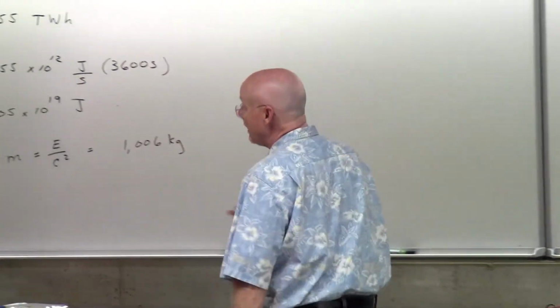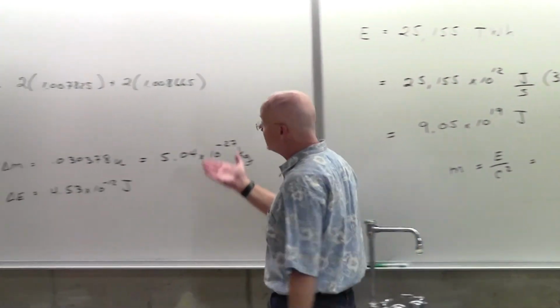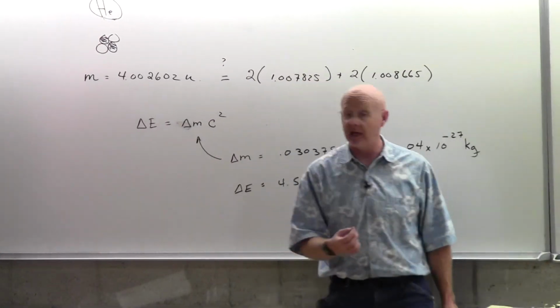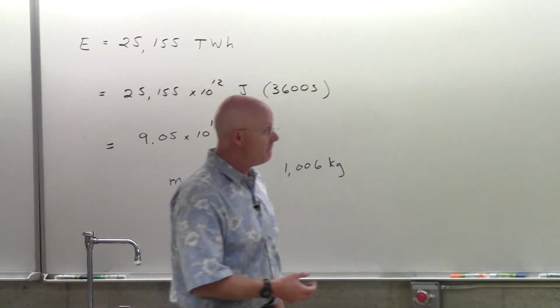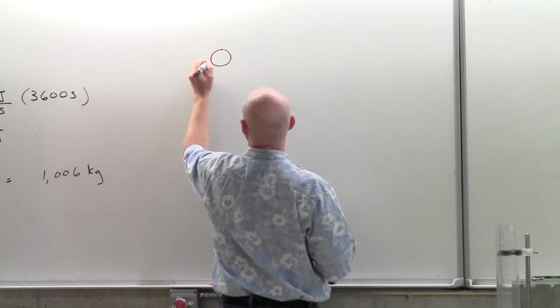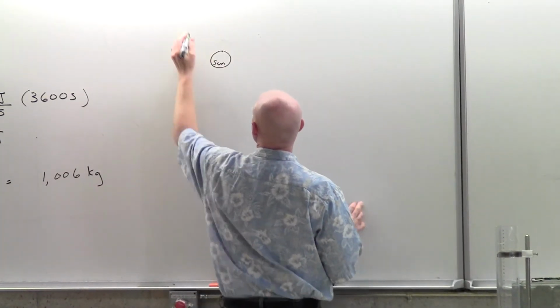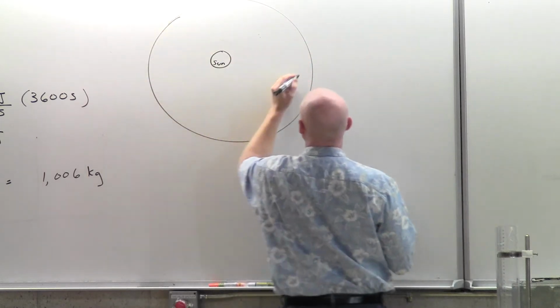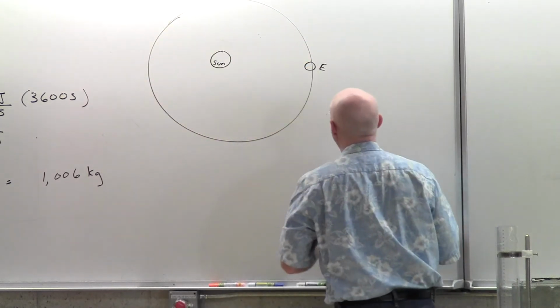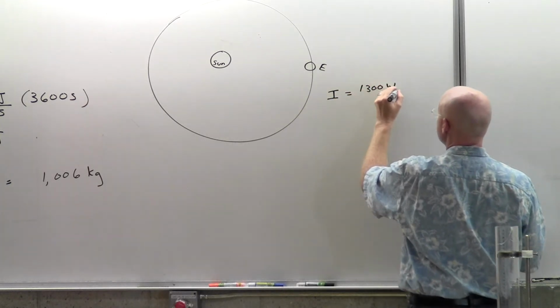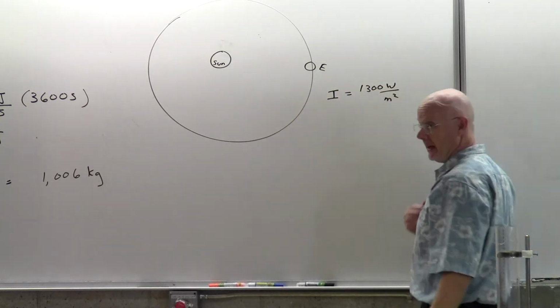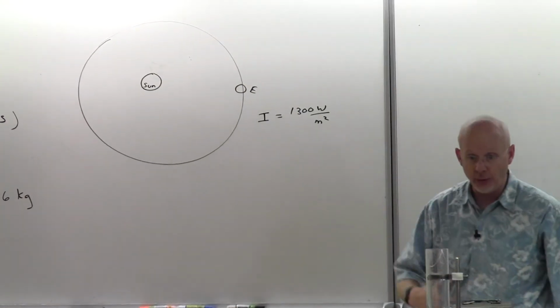And so what was discovered is the process happening in the center of the sun: nuclear fusion, where we are hooking nuclei together. Some rough numbers may be something like this. Here's the sun. I know that the sunlight goes out to the earth, and I know that the intensity is about 1,300 watts per square meter by the time it gets to earth.